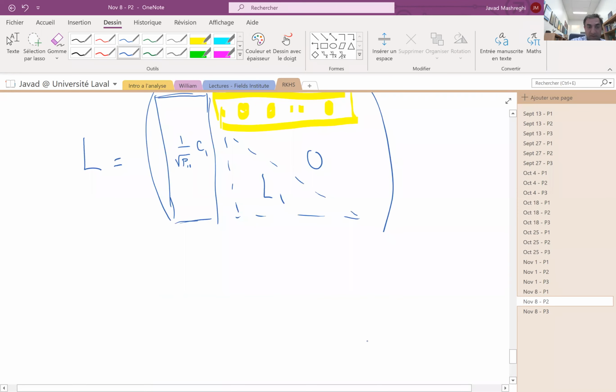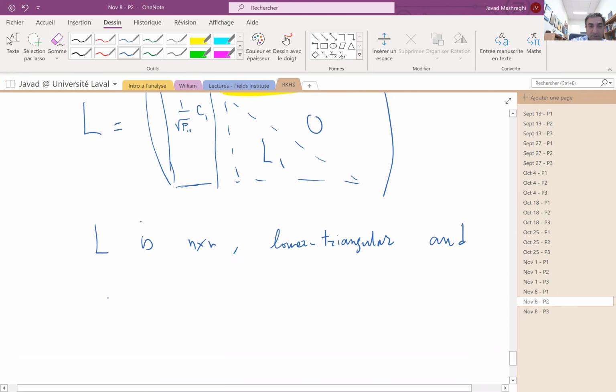And you see immediately that L is n by n, lower triangular. And just do the multiplication. L L star is equal to P.